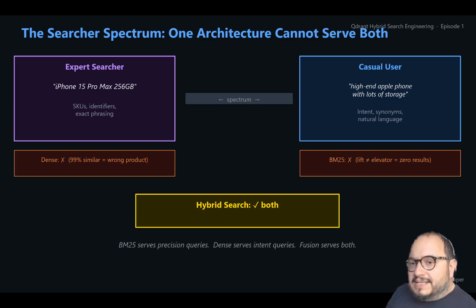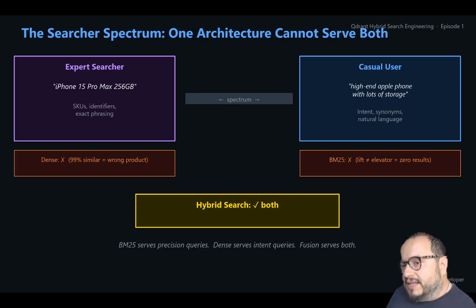Here's the problem. A single retrieval method serves one end of the spectrum well and fails the other. BM25, the classic keyword algorithm, gives the expert exactly what they want. iPhone 15 Pro Max 256GB matches only documents containing those exact tokens.